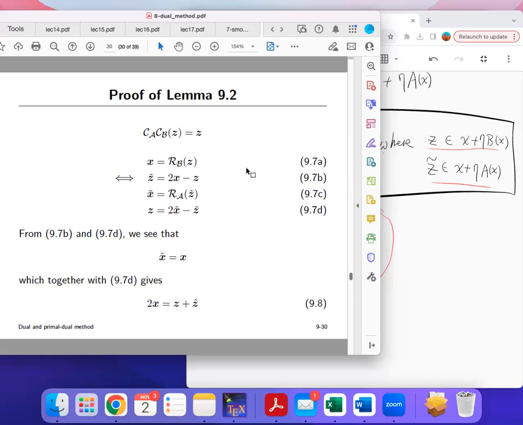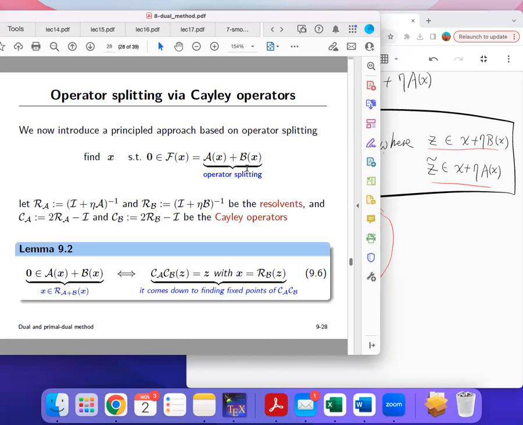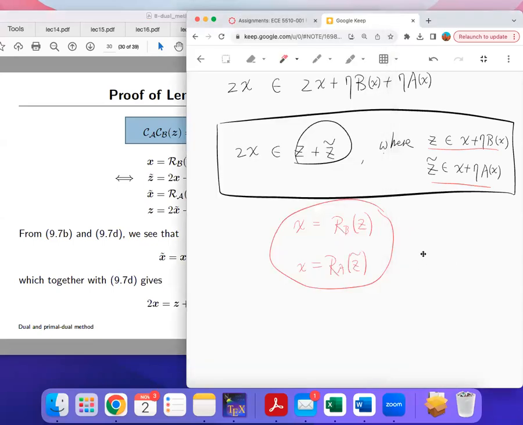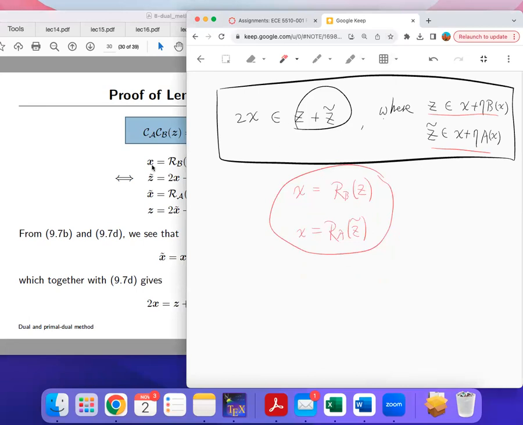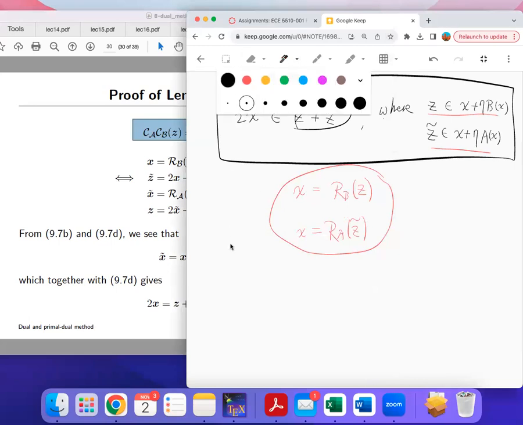I think it is easier to start from the conclusion and then go to this line. So let's start from this fixed point equation and see what we get.